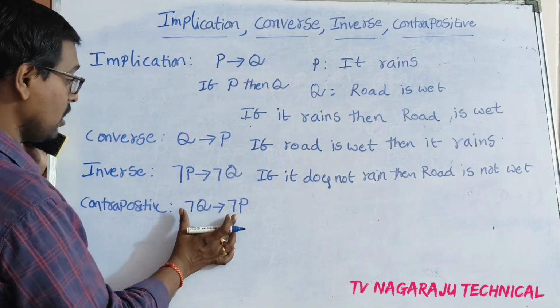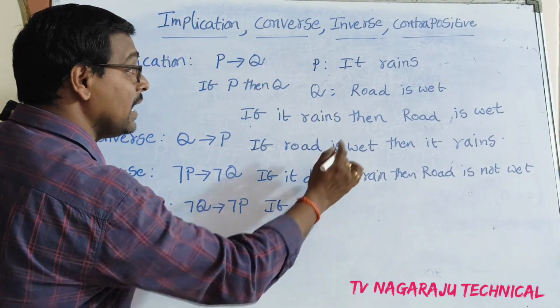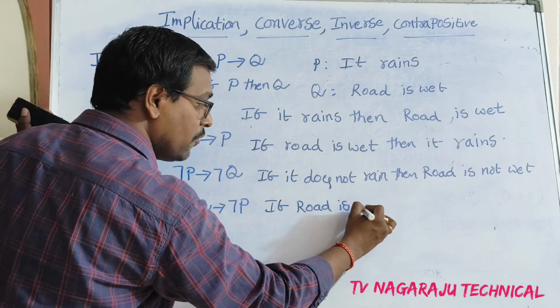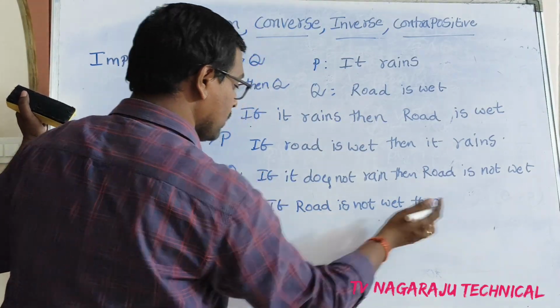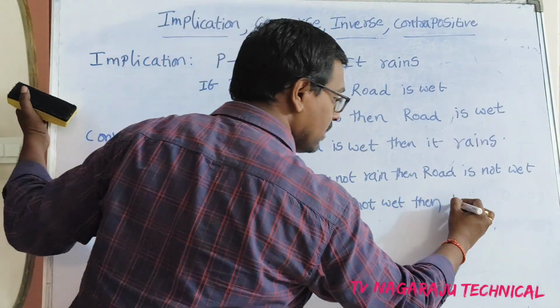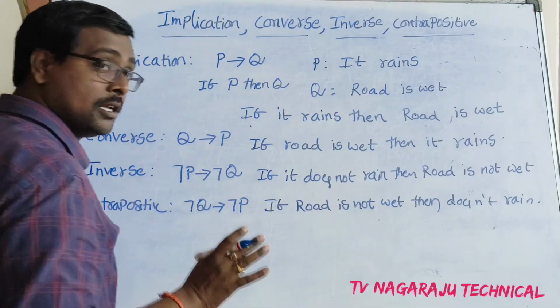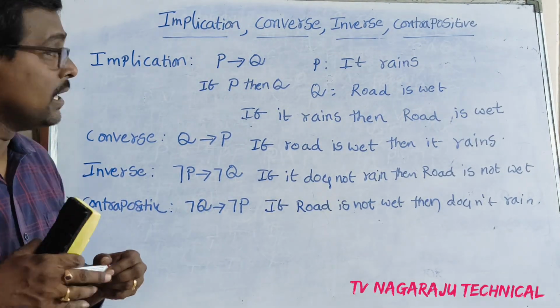Negation Q implies negation P. That is, if the road is not wet, then no rain, it doesn't rain. You got it?